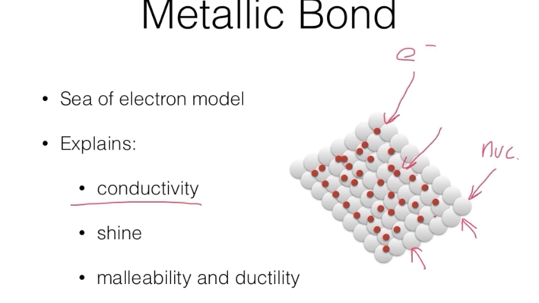All right. It also explains the shine. Because if I have a light wave coming and hitting the surface of this, light is hitting those surface electrons and interacting with them.